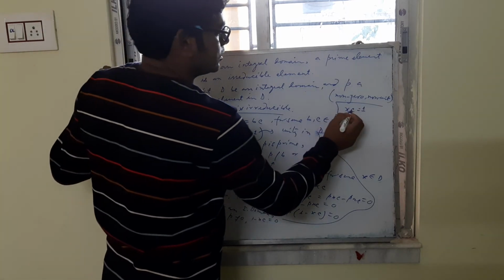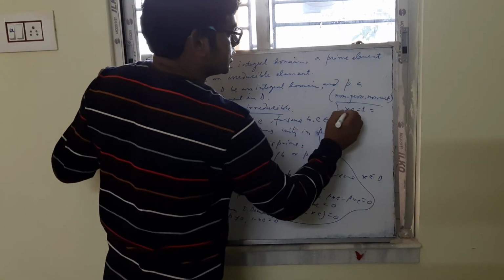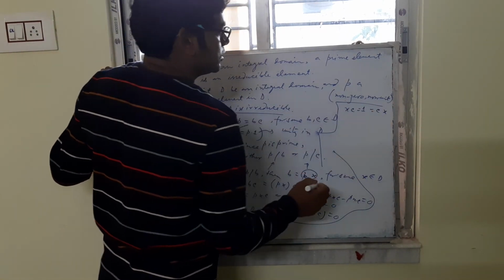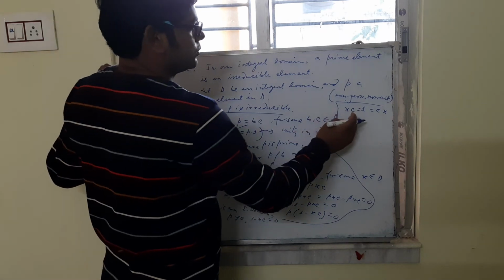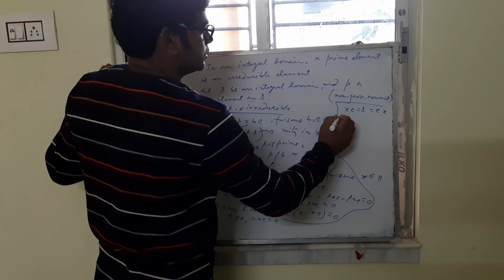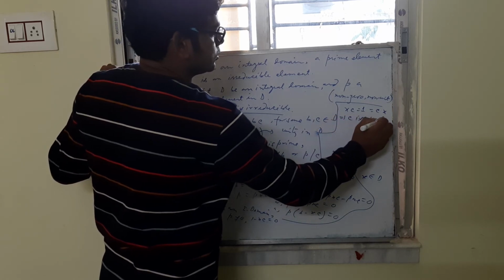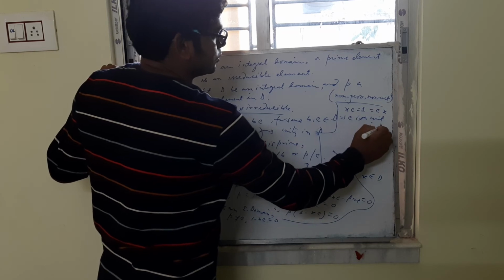Now since it is an integral domain, it is commutative, so we write also CX equals 1. Now from the definition of unit elements in D, C is a unit in D.